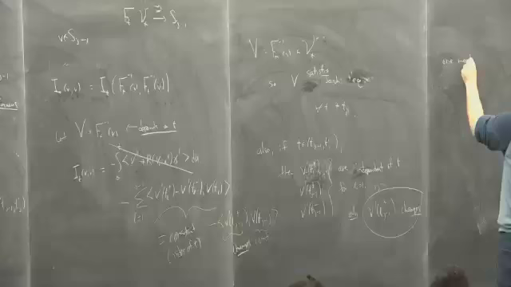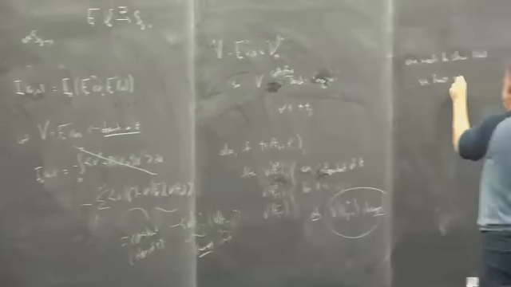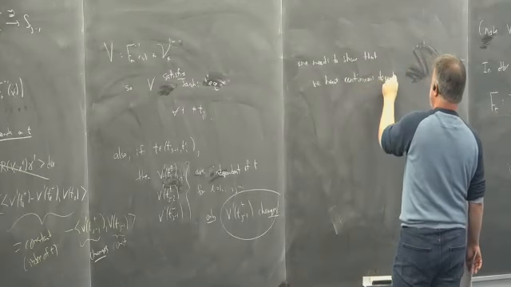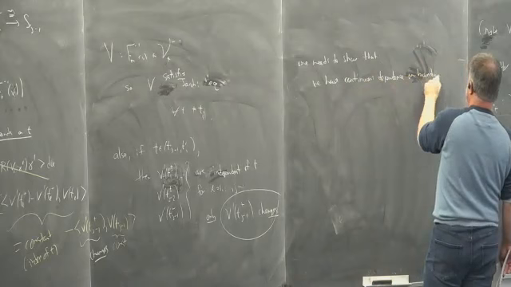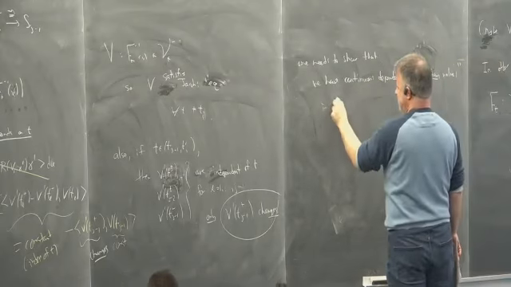So then the idea is one needs to show that we have continuous dependence on boundary values in the following sense.